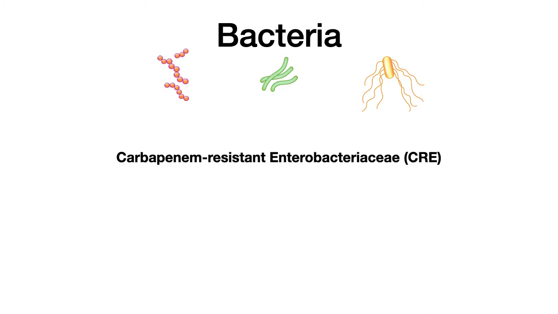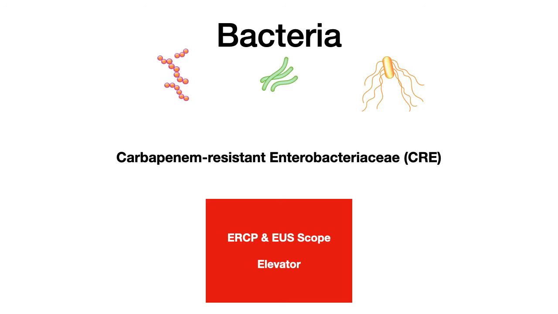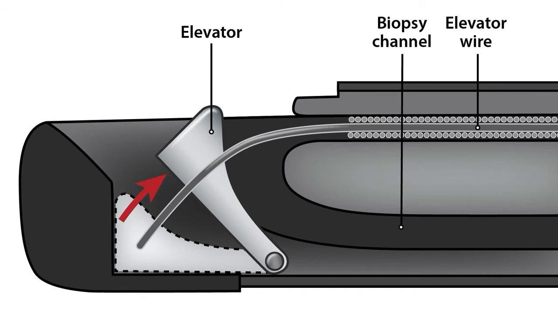CRE. We have heard a lot about this carbapenem resistant Enterobacteriaceae species causing severe infections. People have died from these infections, and when we looked at it, they were traced to ERCP and EUS scopes that have an elevator, and the elevator makes it very hard to clean, and that problem has resulted in infections.